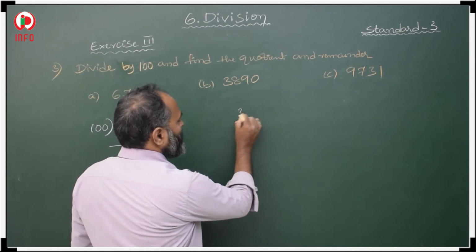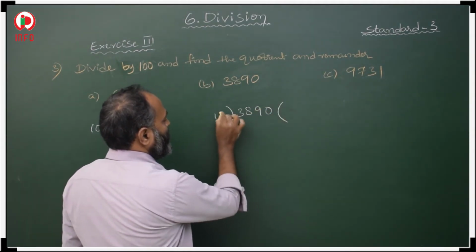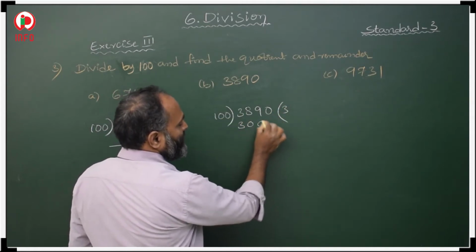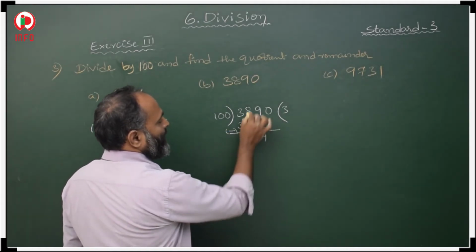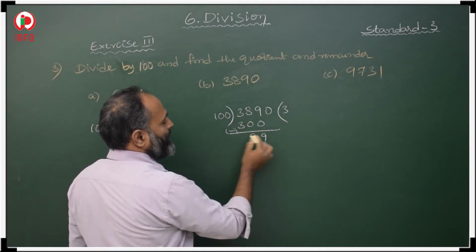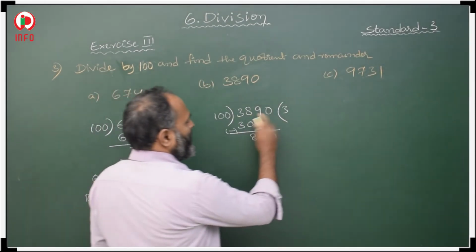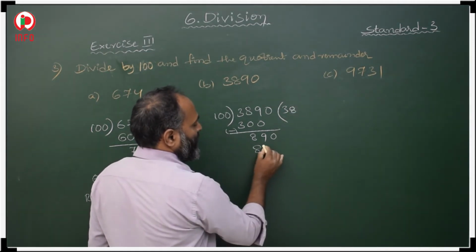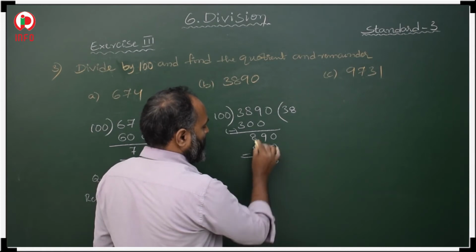Here 3890. When we divide it by 100, 100 3s are 300, 9 minus 0 is 9, 8 minus 0 is 8, 3 minus 3 is 0, do not take, 890. Again we have to take 100 8s are 800, 0 minus 0 is 0, 9 minus 0 is 9, 8 minus 8 is 0.